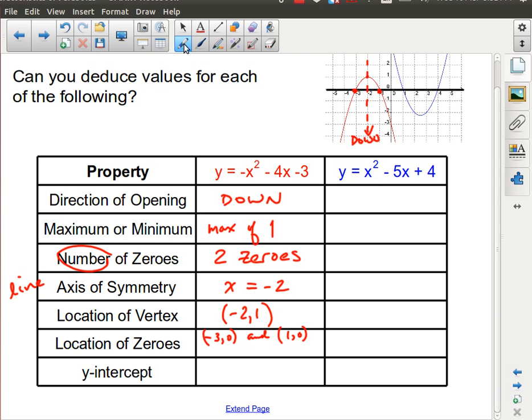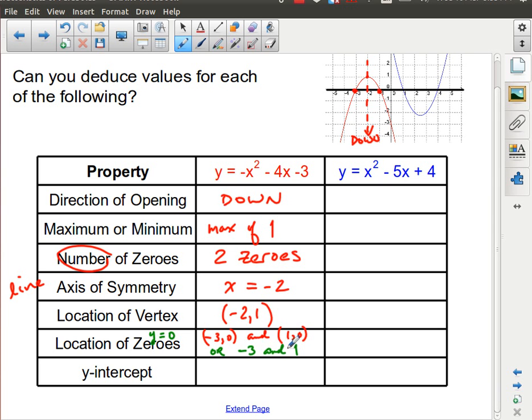But sometimes we just go ahead and we just say the zeros are located at -3 and 1. We only refer to the x coordinates because they're zeros. Implicit in zeros is the fact that y is equal to 0. So including these zeros can be considered to be redundant information. Your choice, just be careful about it.